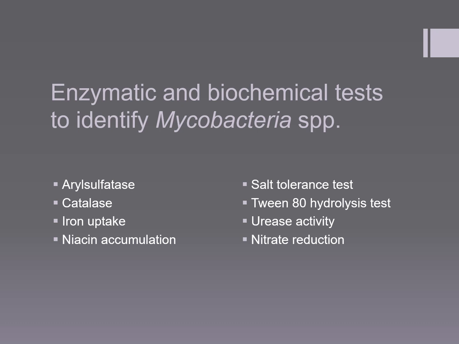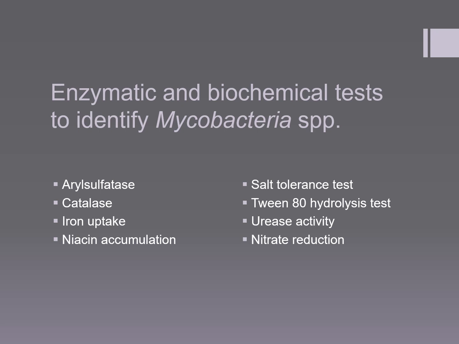There are a number of enzymatic and biochemical tests that we can do to speciate our Mycobacterium. We can do arylsulfatase, catalase, iron uptake, niacin accumulation, salt tolerance, Tween 80 hydrolysis, urease activity, and nitrate reduction. The arylsulfatase test is a good test to identify rapid-growing acid-fast organisms.